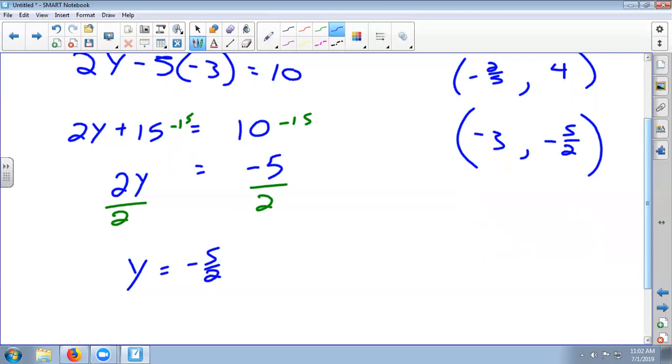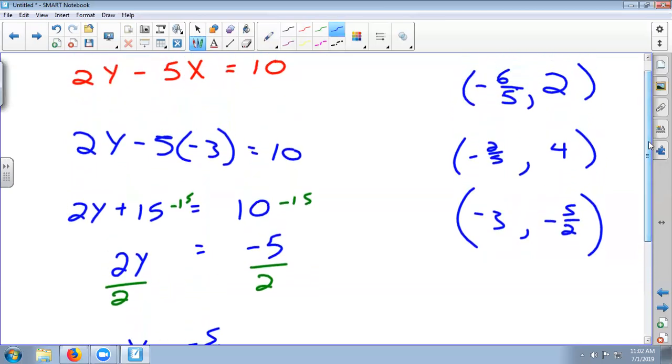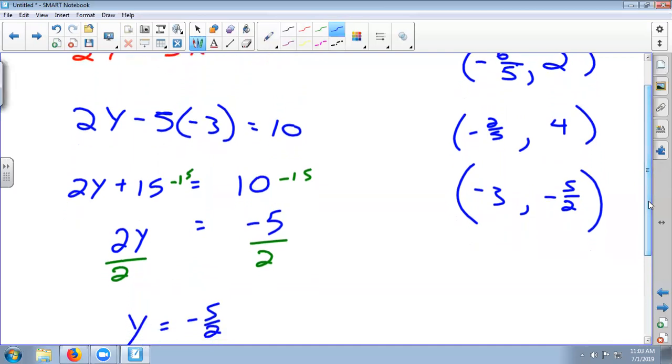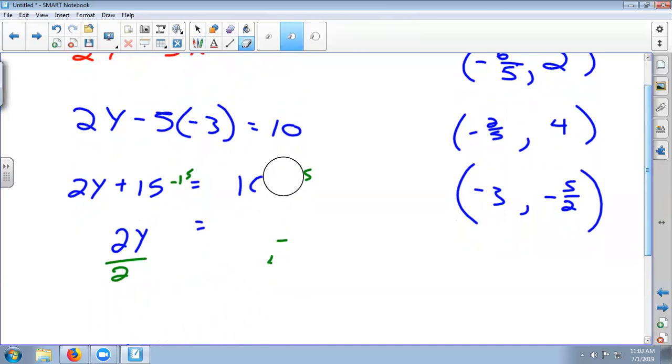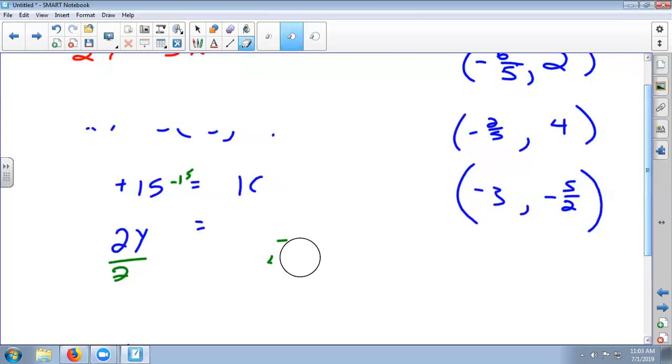Let's draw this graph. We have 3 points I think that are acceptable. I don't like the fact that they're all fractions, but we're going to talk about that in a minute. Let's draw our graph. I'm going to go ahead and erase all our work here.